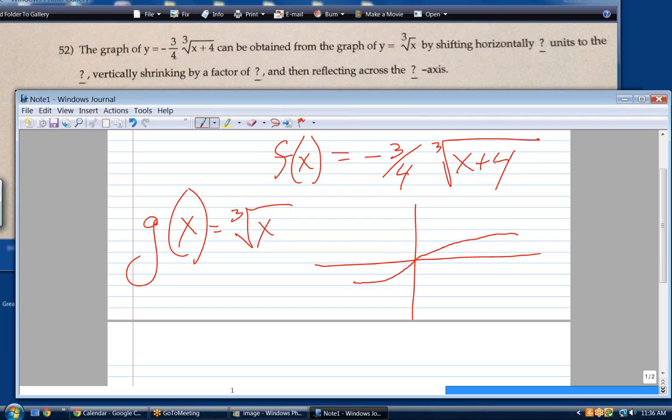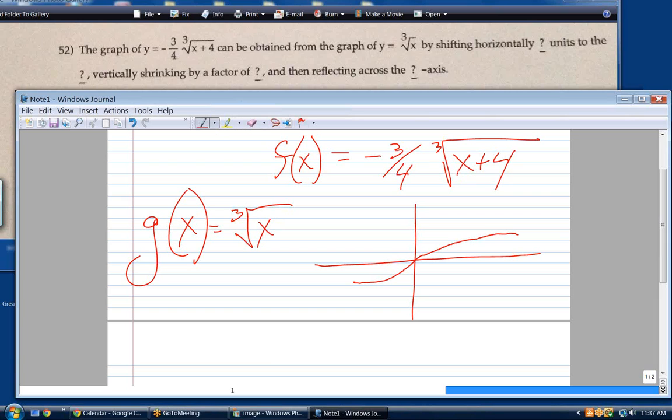Okay, so let's see. We agreed that we should do reflections before we do anything else. So what's the first thing we should do here? Is this reflection inside the function or outside the function? Inside? No, inside would be if it was a negative in front of the x. That's what I mean by inside or outside.